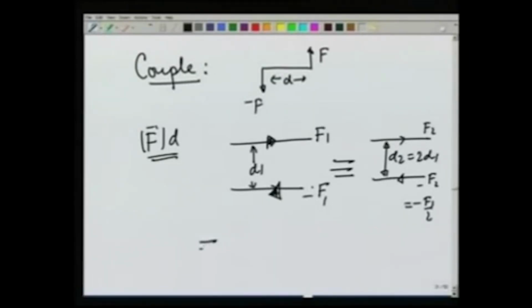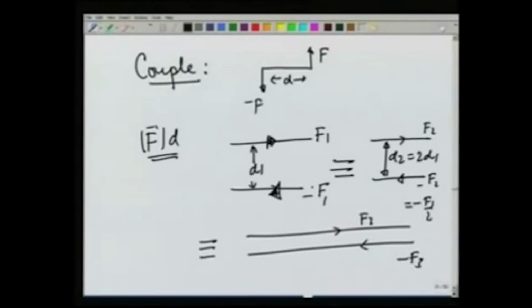This will also be equivalent to a force F3, minus F3, let us say, which is equal to 3 times F1, but displaced from each other by a distance of d1 over 3. All three of them represent the same couple, because the net force is 0. So, there is no effect of the force.